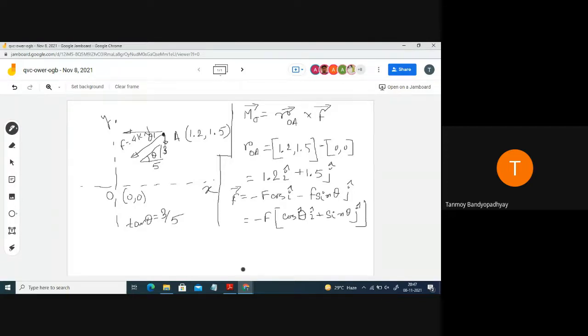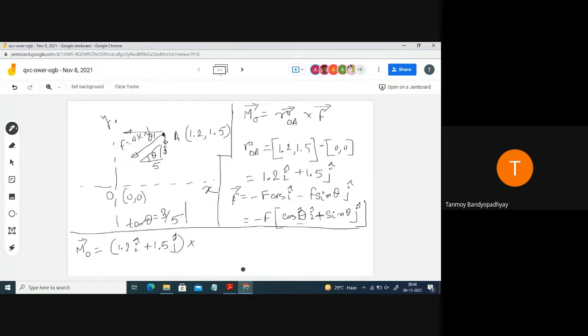So once you know these two, you can do the cross product. If you are supposed to find out the moment of the force M0, that should be ROA, so this is actually 1.2 I cap plus 1.5 J cap. You can also reduce this one. So if this is 3, 5, then sin theta, cos theta you can calculate.